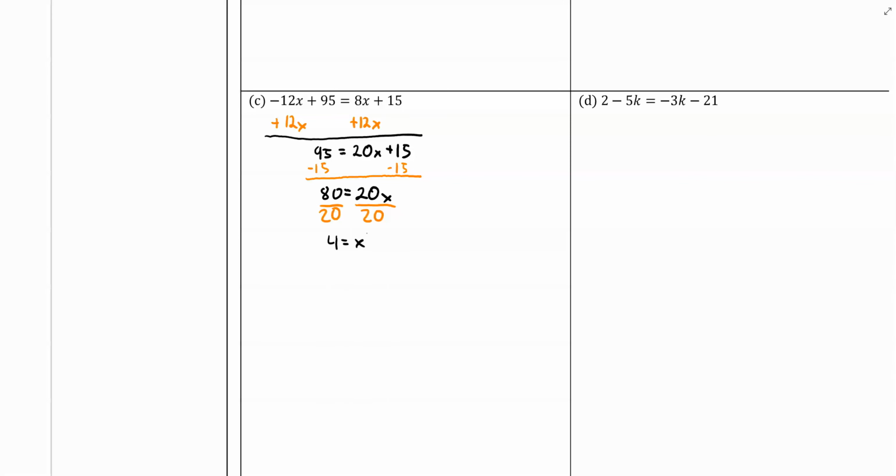Now for part D, we have 2 minus 5k equals negative 3k minus 21. So just like all the other problems on this page, there is no simplification to do. So the second step has us killing off the smaller x. And between negative 5k on the left-hand side and negative 3k on the right-hand side, the smaller x is negative 5k. And so we will add 5k to both sides of the problem.